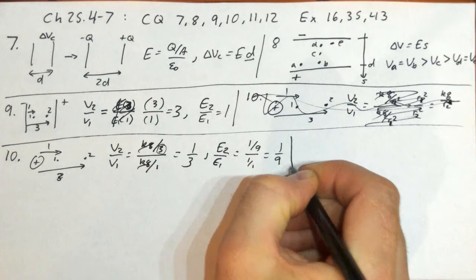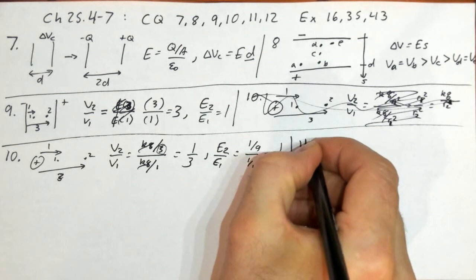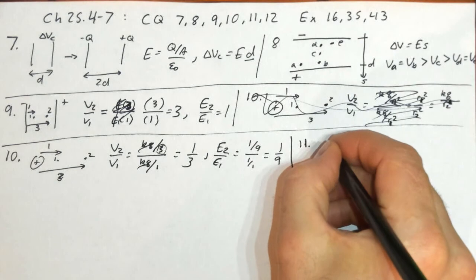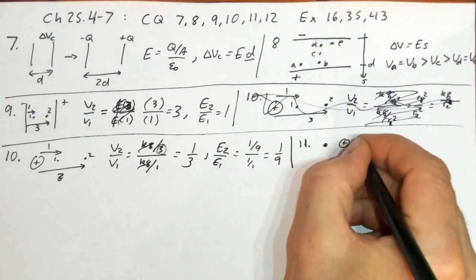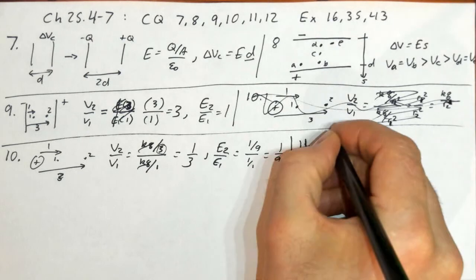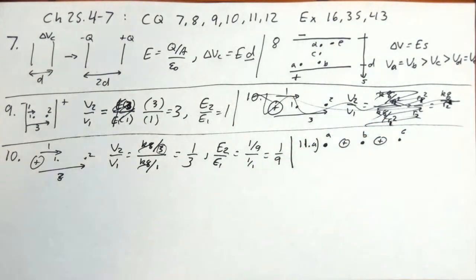Okay, let's try 11. All right, go ahead and take a look at that one, see if you can do that. Okay, so we've got a positive point charge, another positive point charge, and a point. These are A, B, and C. This is for part A. And the question is to rank them from most positive to most negative for the electric potentials.